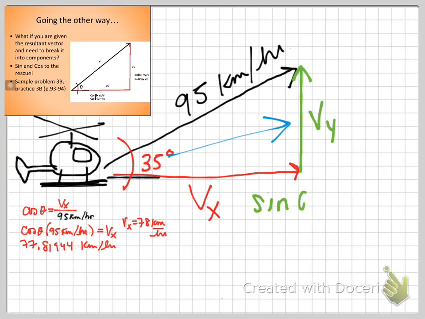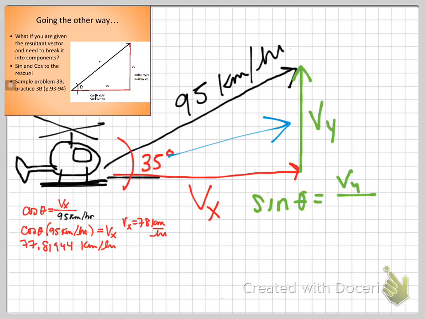So we know that sine of theta is equal to v sub y over our resultant, which is 95 km per hour. I should mention, the other way to note that, and we should probably get right into the habit of doing it, and I was sloppy there.